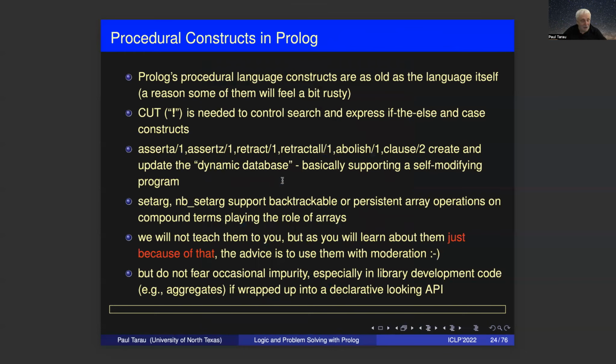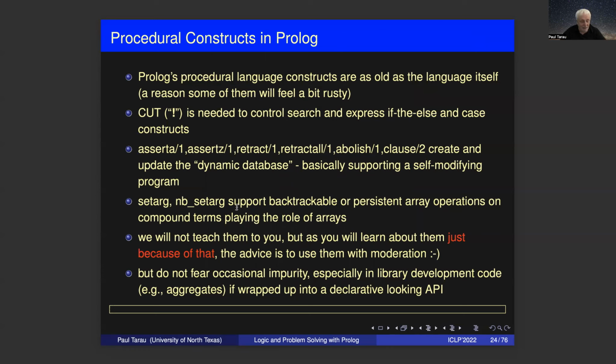All right, procedural constructs in Prolog. Cut is needed to control search. We have seen some instances of it, and it can express things like if, then, else, and case constructs. There is a family of dynamic updates of the database: assert, retract, call a clause, abolish it. Basically a self-modifying program with its advantages and disadvantages.